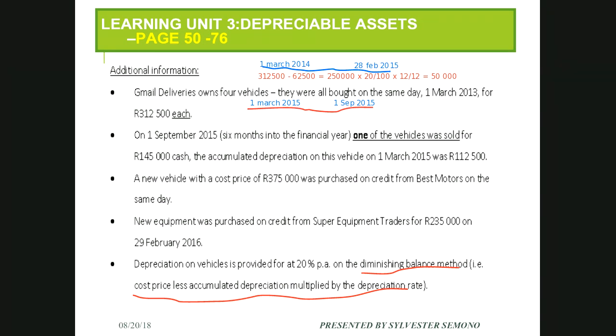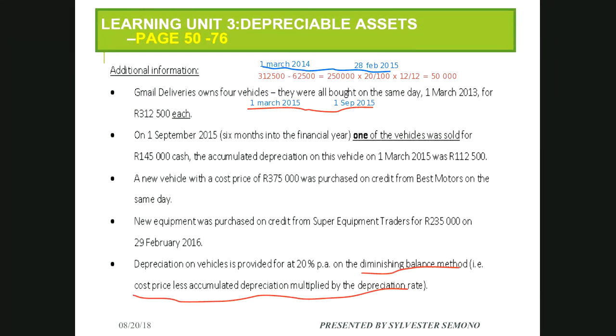So now we need to have a calculation. Can you see what we can do now? Okay, obviously we still need the cost. 312. So we can use 312,500 or we can use 250. Which one do you prefer? Let me use 312,500 so that we cannot be confused. Minus.